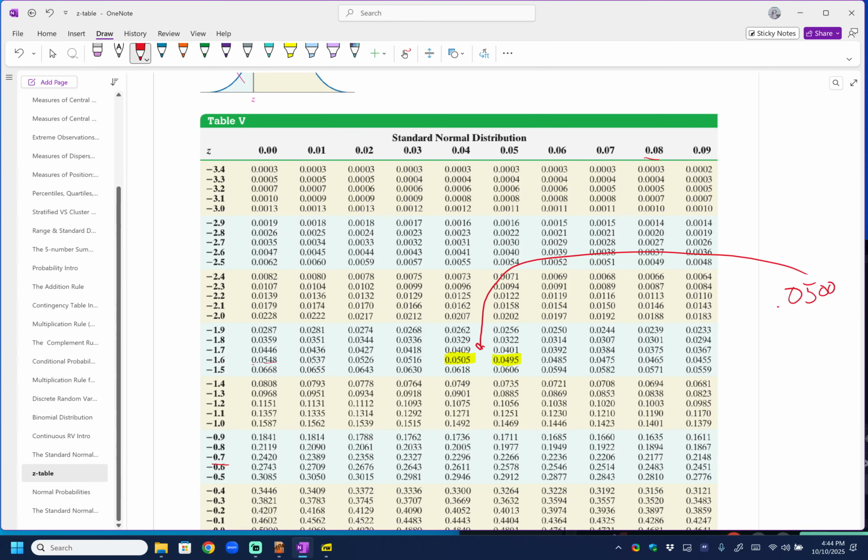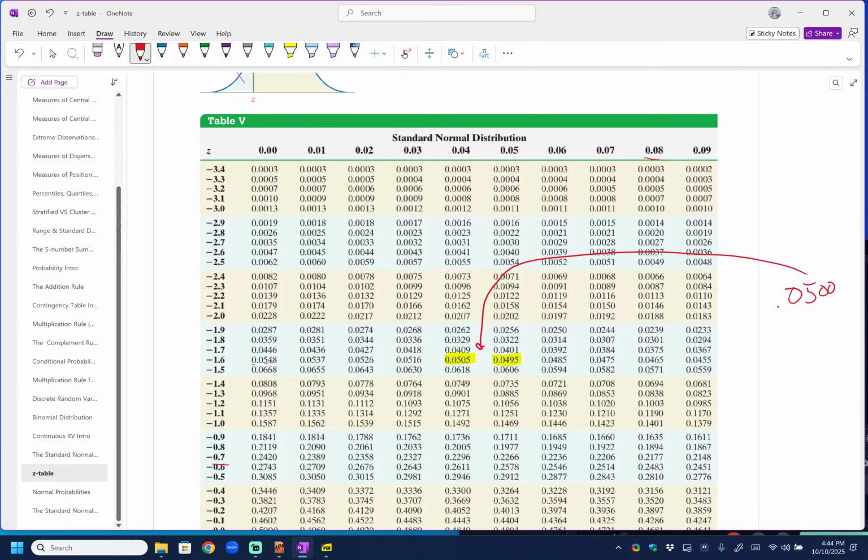But much like I mentioned with the two different scenarios about what you would do in this situation before, it looks like this number is halfway between 0.0505 and 0.0495. So it's not closer to one or the other.